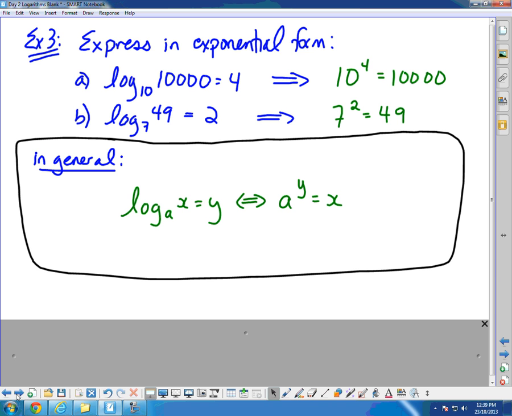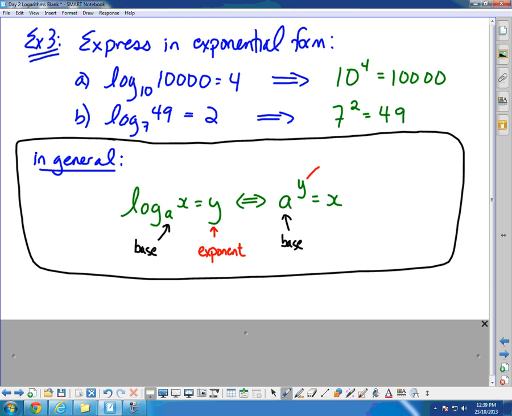Let's label the parts. Remember, logs have bases in them, so that's an easy one. There's the base a. In the exponential, there's the base of the exponent. Logs are exponents, so in this case, the y is the exponent.